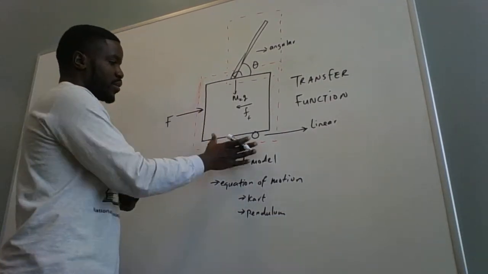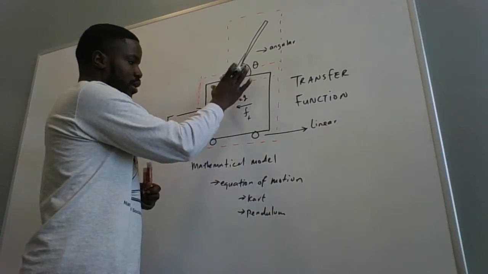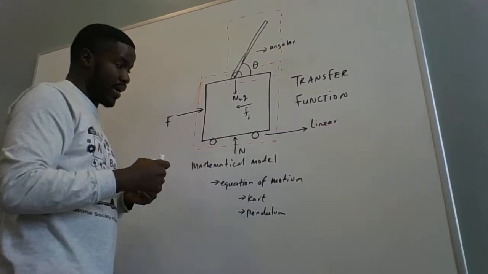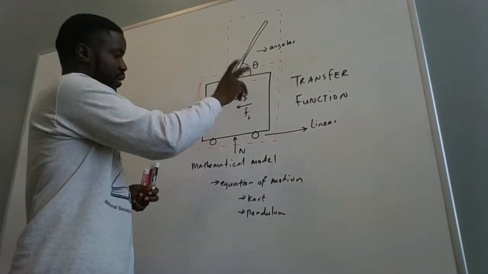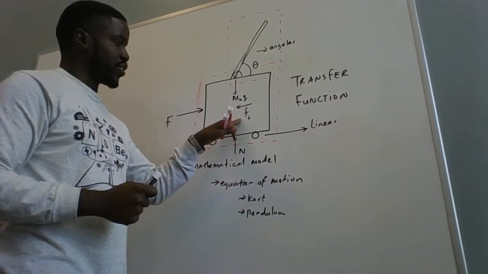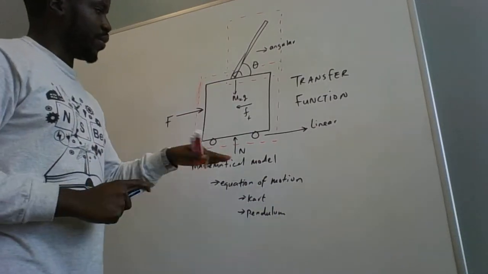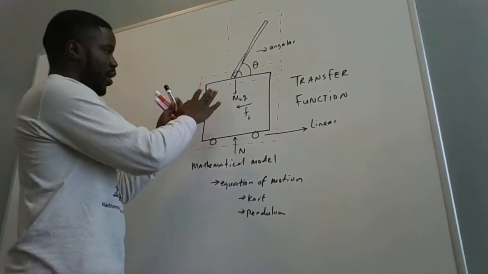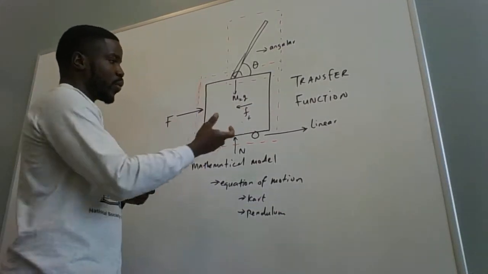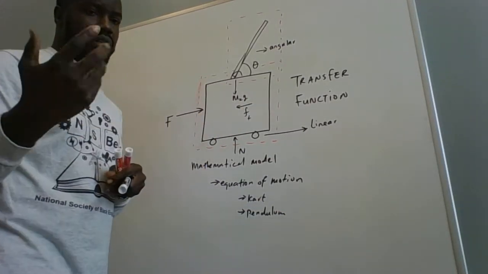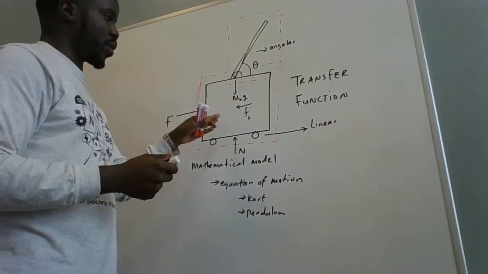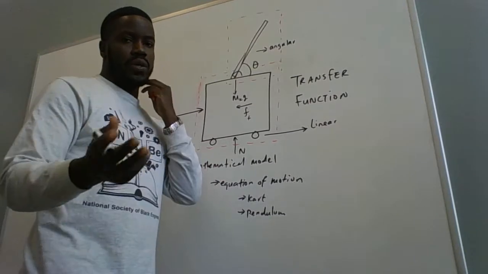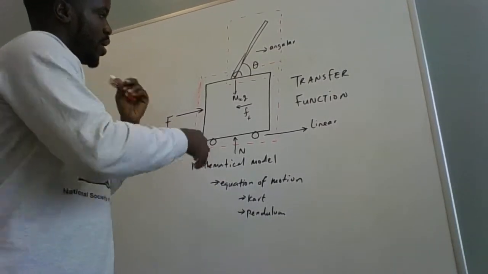And we also know that opposing the mass is our normal force, which is equivalent to the mass of the cart itself. And we also know that the friction can be a function of the normal force. Once we establish these few parameters, we can then equate some of these to the system modeling equations that we've been working with in the past, where your friction factor can be equivalent to your damper and so forth.